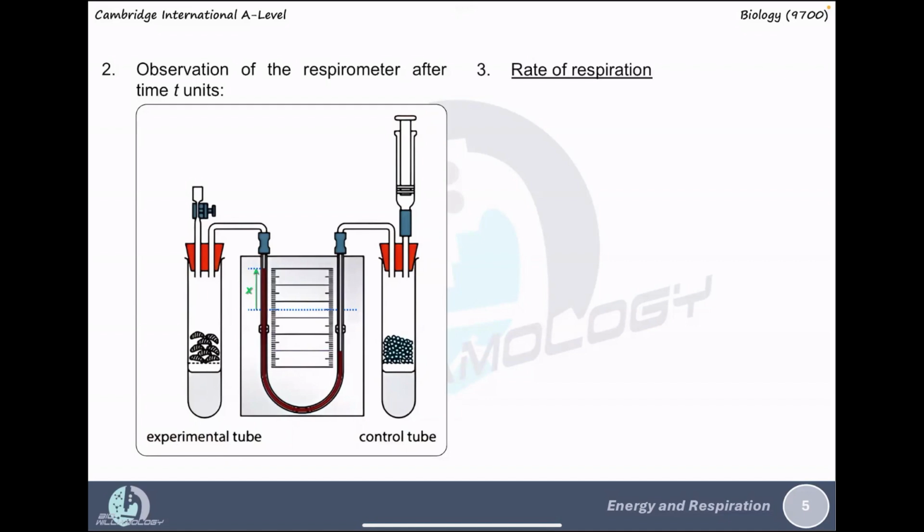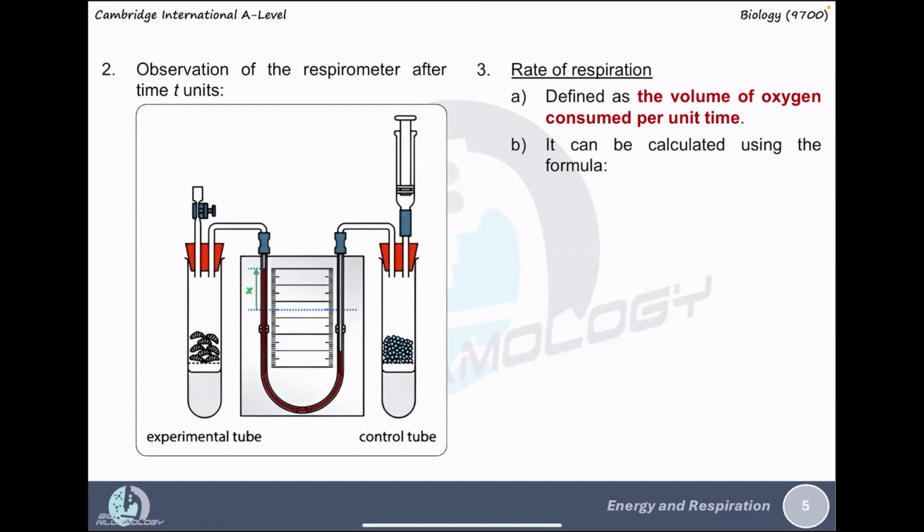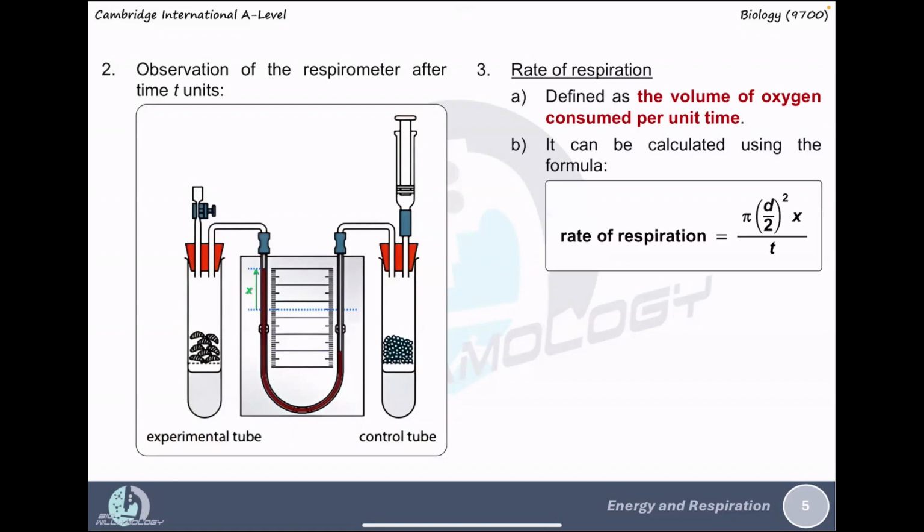So how can we calculate the rate of respiration based on this distance? We have to define the rate of respiration first. In this case, we define our rate of respiration as the volume of oxygen consumed per unit time. It can be calculated using the following formula: the rate of respiration equals pi (d over 2) squared multiplied by the distance traveled by the manometer fluids due to the oxygen consumption, divided by the duration of time.